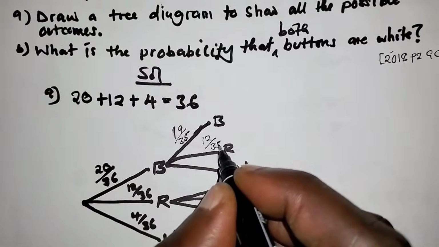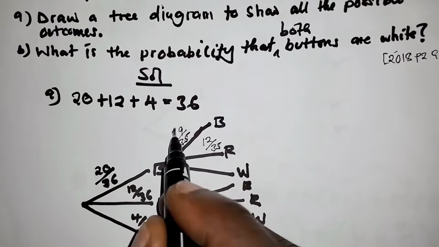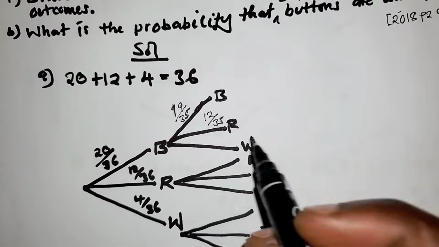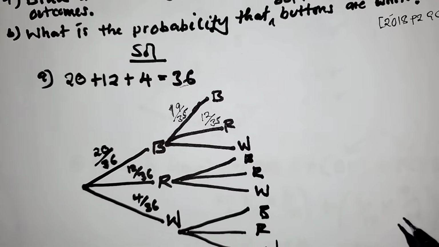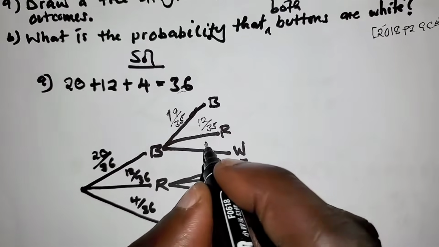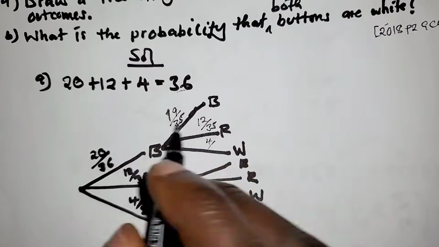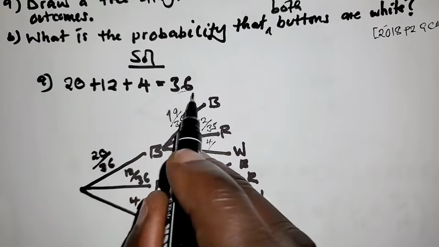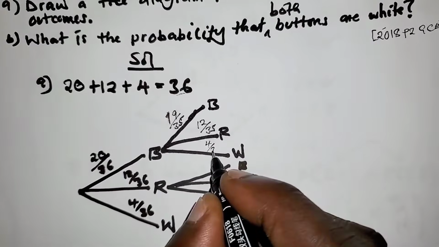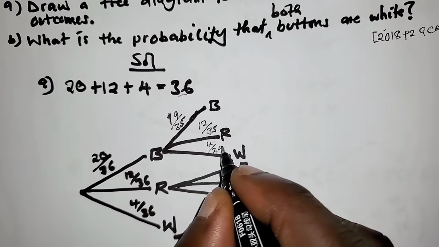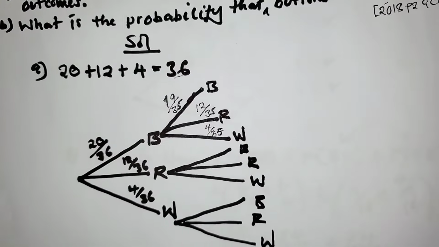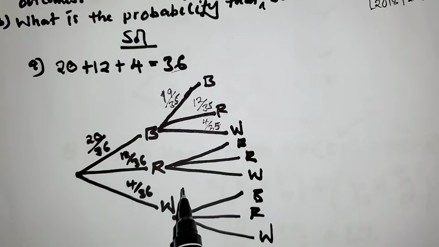Why 35, not 36? Because the black button that wasn't replaced affects the total number here. White will still maintain. The number of white buttons will be 4, but the total number of buttons in the box will reduce by 1, so it will be 35. So 4 over 35.